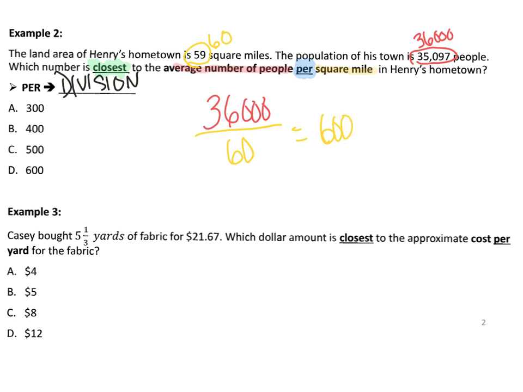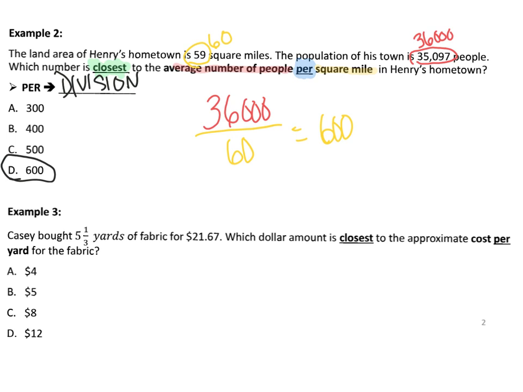So I'm trying to get numbers that are easily multiplied or easily divided. Okay, and I knew that 36,000 was on top because that was the number of people per square mile. So I had to do people over mile. So that's why the answer is D.